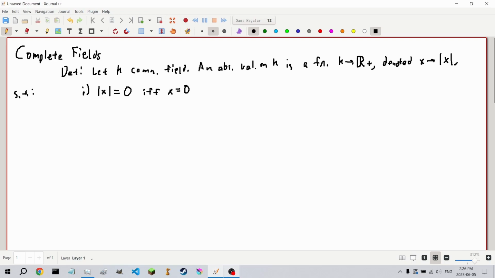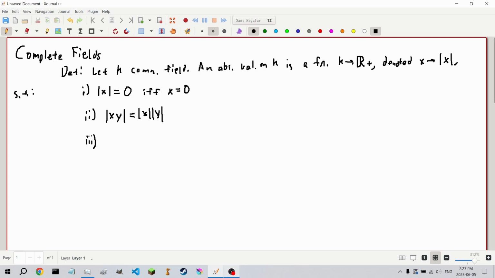If you recall, an absolute value measures the size of a number, and so 0 is the only number with the size of 0. Number 2 says that this behaves well with products: the product of the sizes is the size of the product.